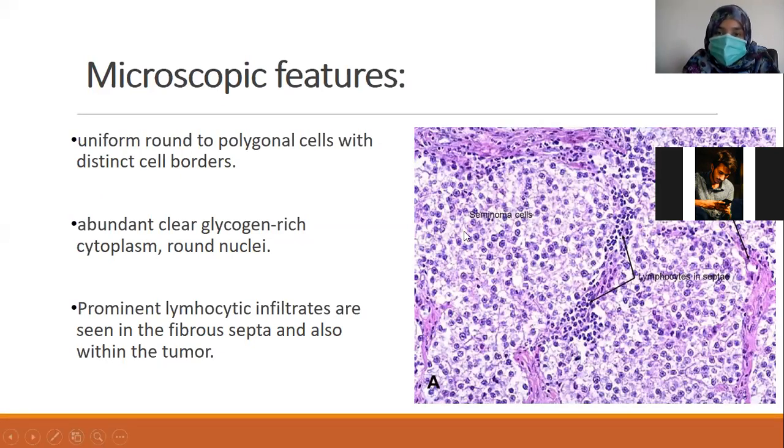You can see the cell borders in the slide. Abundant, clear, glycogen-rich cytoplasm with round nuclei inside the cells. These are the septa. You can see septa. There is a prominent lymphocytic infiltrate inside the fibrous septa.